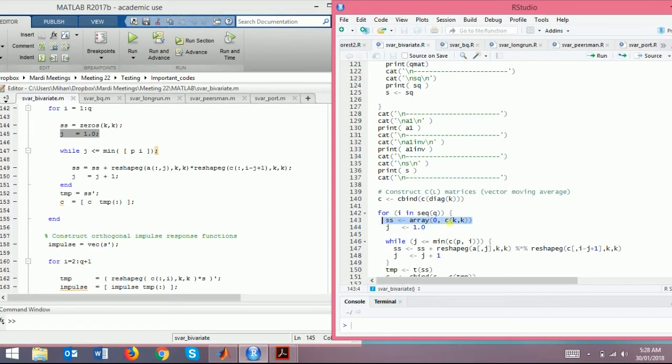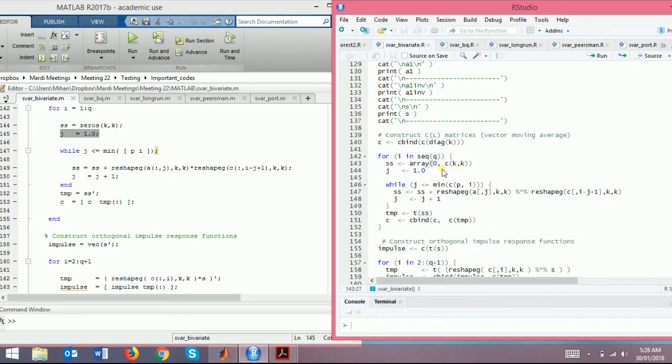So SS is 0, CKK, where you are putting zeros in SS as the dimension of C, which is a square matrix. J is 1, well J is equal to the minimum of C, pi the structure, referring back to the structure.